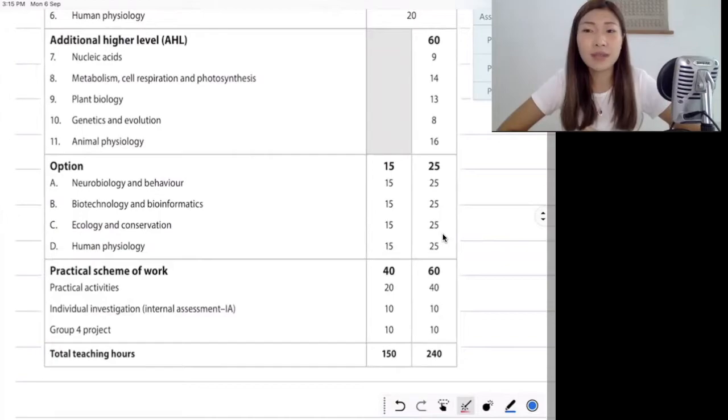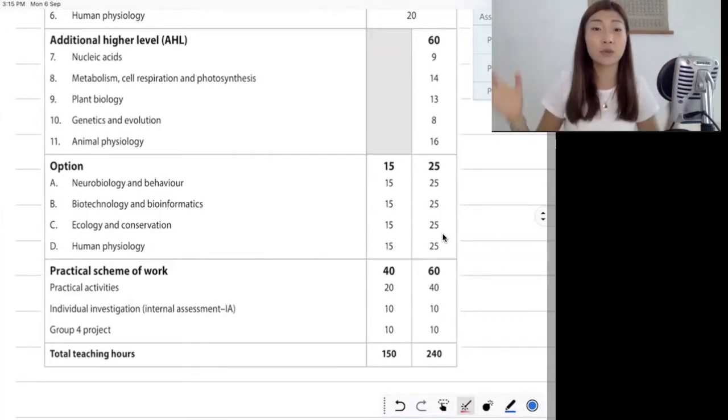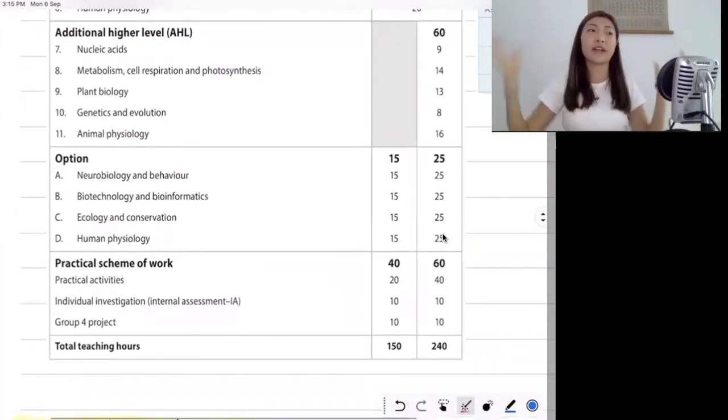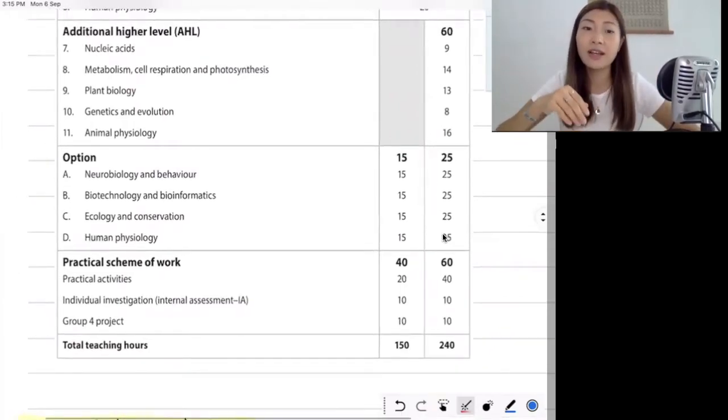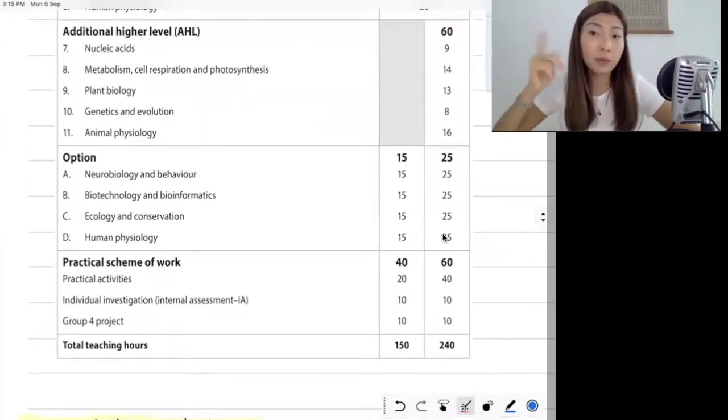And also something about bioremediation: how do we use microorganisms to clean out environmental contaminants, stuff like that. In general, I think this is a pretty difficult option, but it is pretty fun, although it's very technical. So it will be useful if you're planning to do something bio-related in uni.